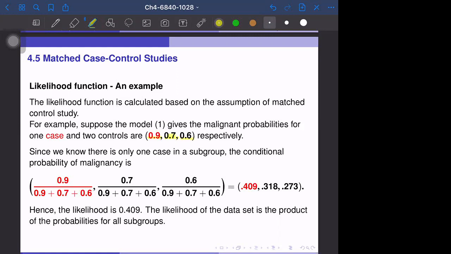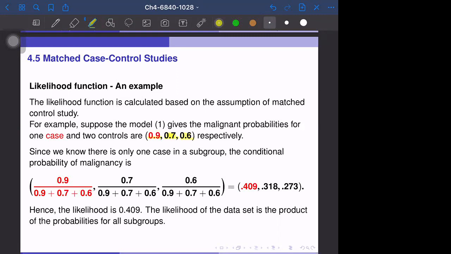The second observation, i is equal to 1, is a control, so y is equal to 0, but the probability of malignancy is 0.7. And the third one, 0.6. But this is one subgroup, and we know that only one observation is the case.